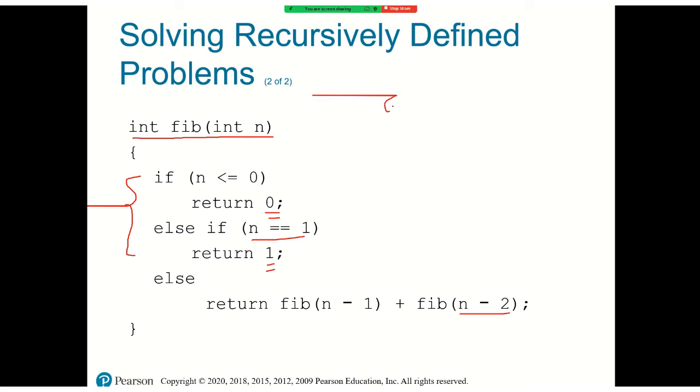Like for example, 0 and 1, if you think about that, and if you try to find this x here, if you apply this formula, then x should be fib(n-1).